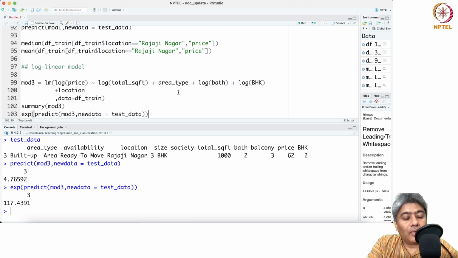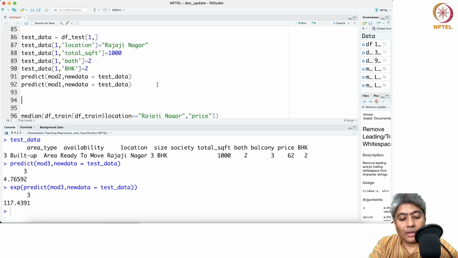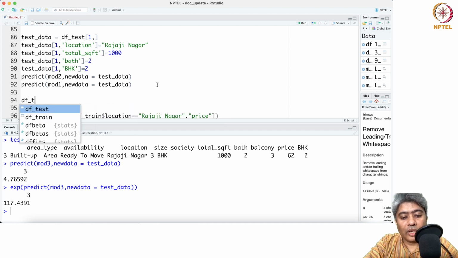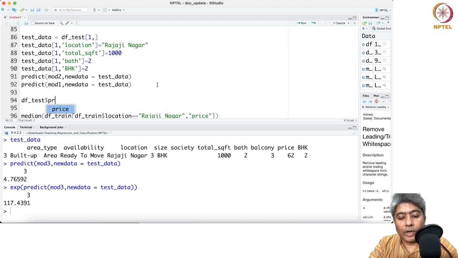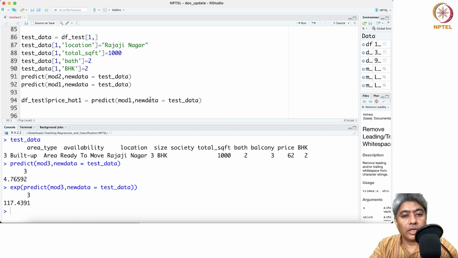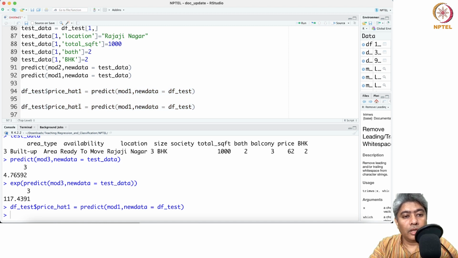The best way to check is to look at the test cases in the test data frame and see what the predicted price would be. So in test df, I will put the predicted price, test hat 1, for model 1, and df test 2 for model 2.